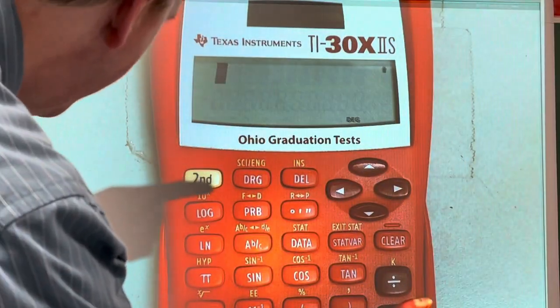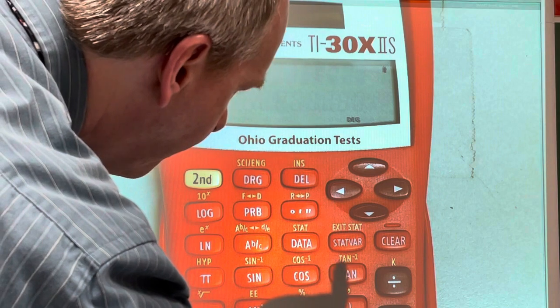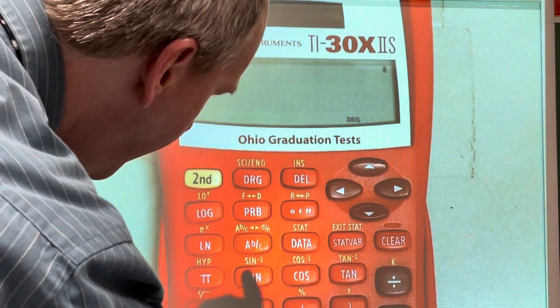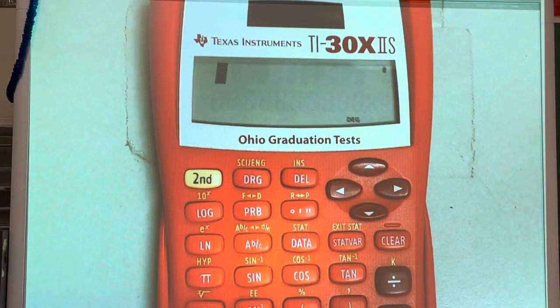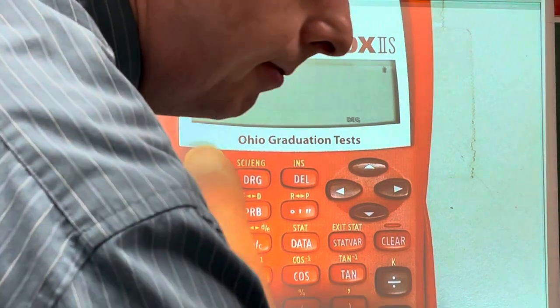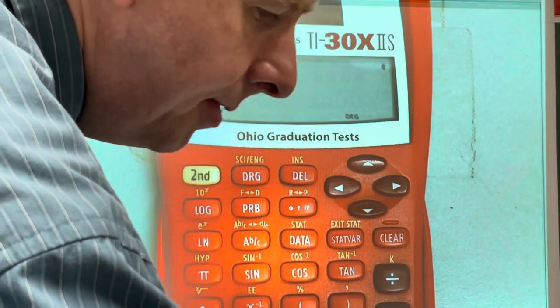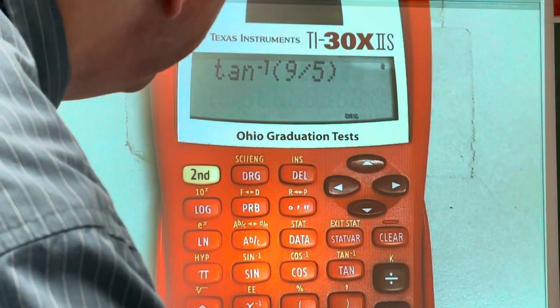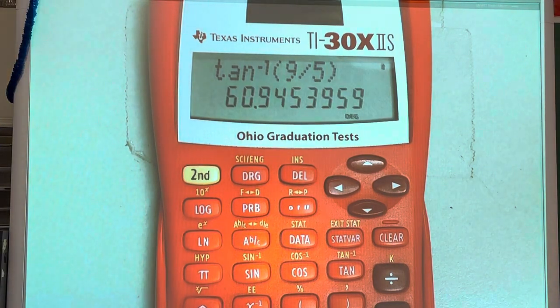So, second tangent. See a little inverse up there? Second sine, second cosine. So it depends on which ratio you're using. We want tangent this time, 9 divided by 5. I'm still in degrees. My angle is about 60.9 degrees.